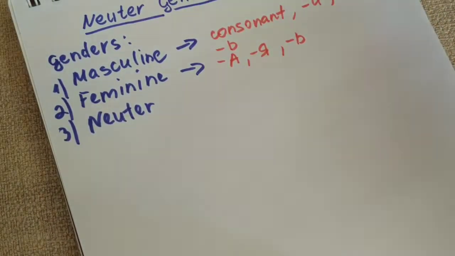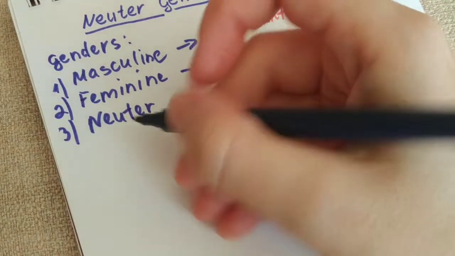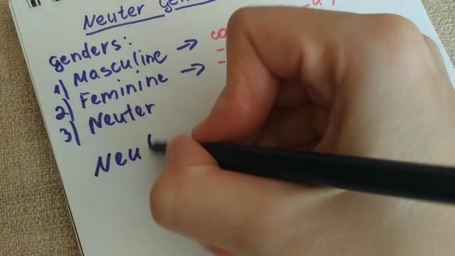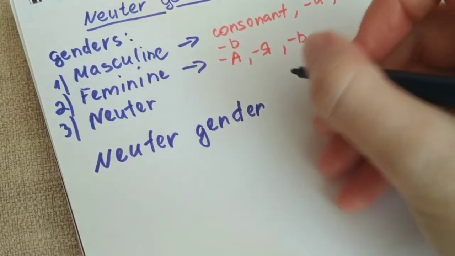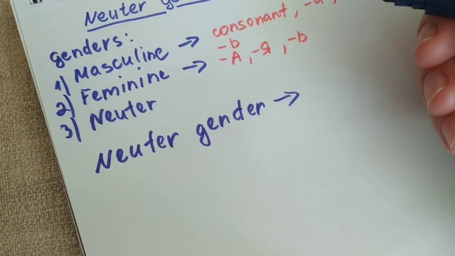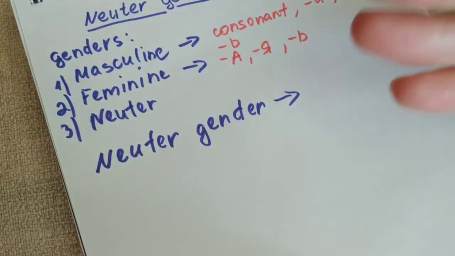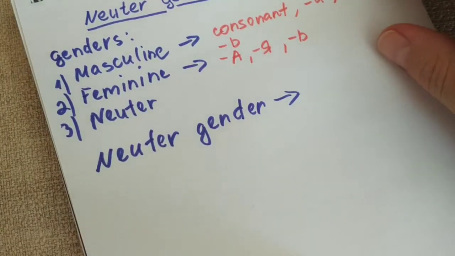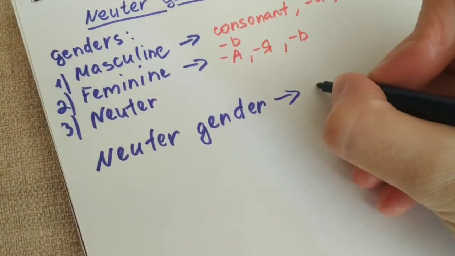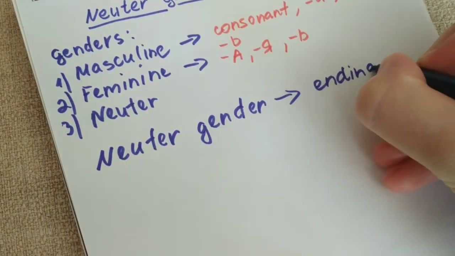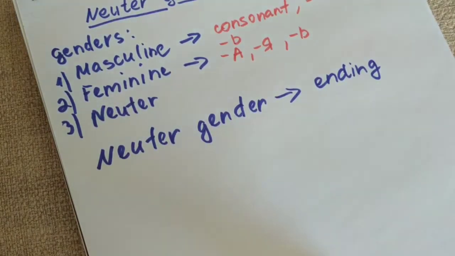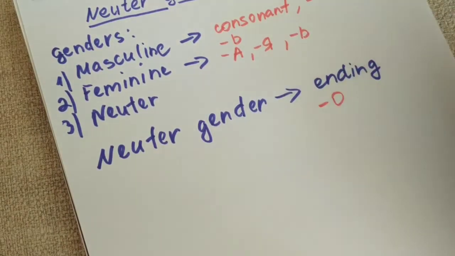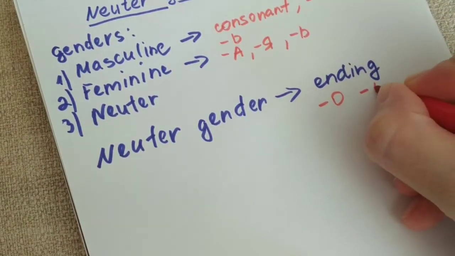And the neuter gender, let me write this here, neuter gender. How do we distinguish the nouns which belong to the neuter gender? These nouns are ending in two vowels. The first vowel is O and the second is ye.